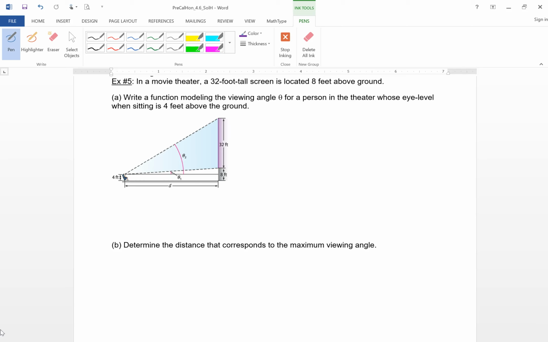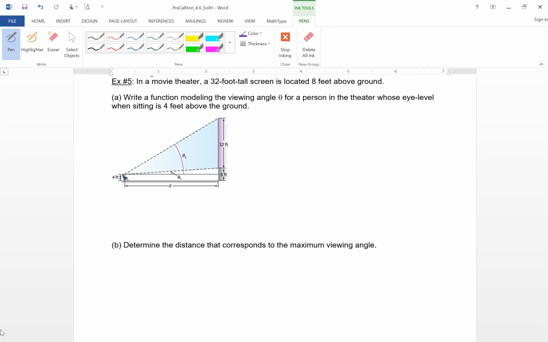Okay, so they have a diagram for you here. So this is his eye level. His viewing angle is this. It's the dashed lines. So basically it's from the top of the screen to the bottom of the screen.